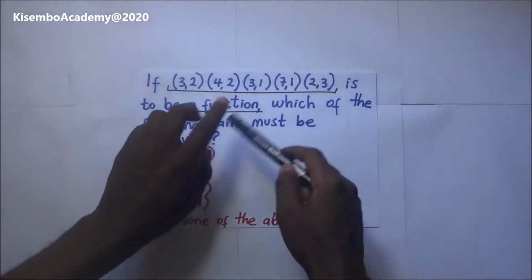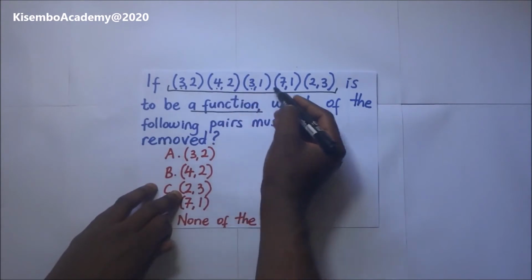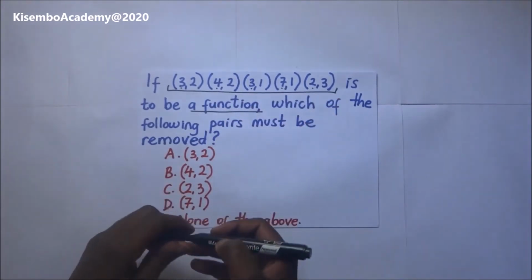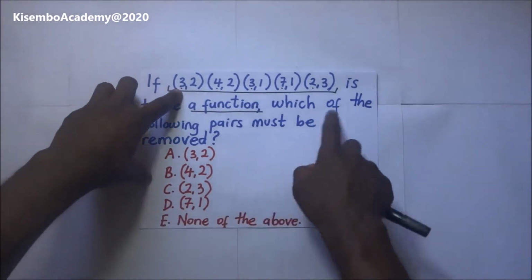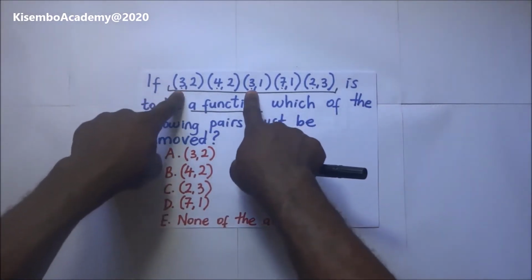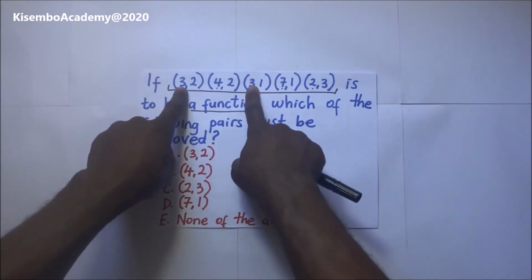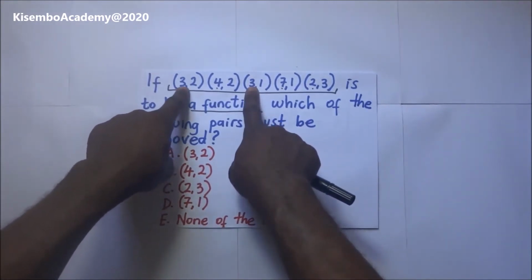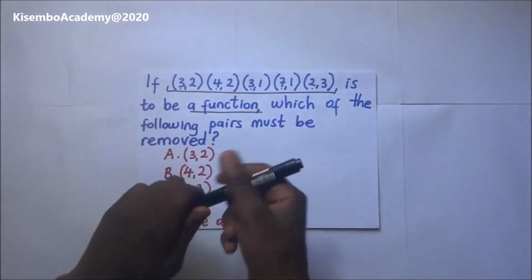And if you look at the inputs here, we have 3, 4, 3, 7, 2. That is more like the domain. But from this domain we are able to see that when 3 is the input, it's giving us 2 outputs.